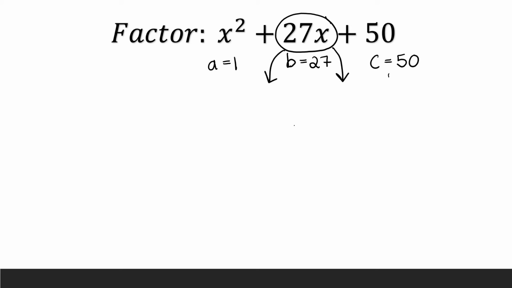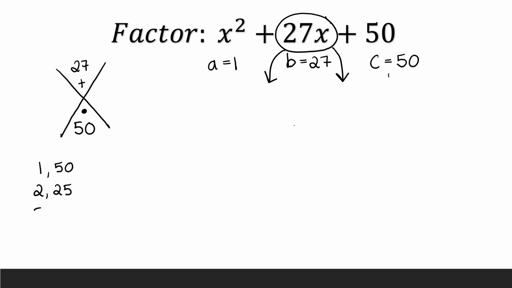We'll split up that b term into two numbers that when you add them together, you get 27, and when you multiply them together, you get 50. We'll start by listing the factors of 50. So that could be 1 and 50, 2 and 25, or 5 and 10.